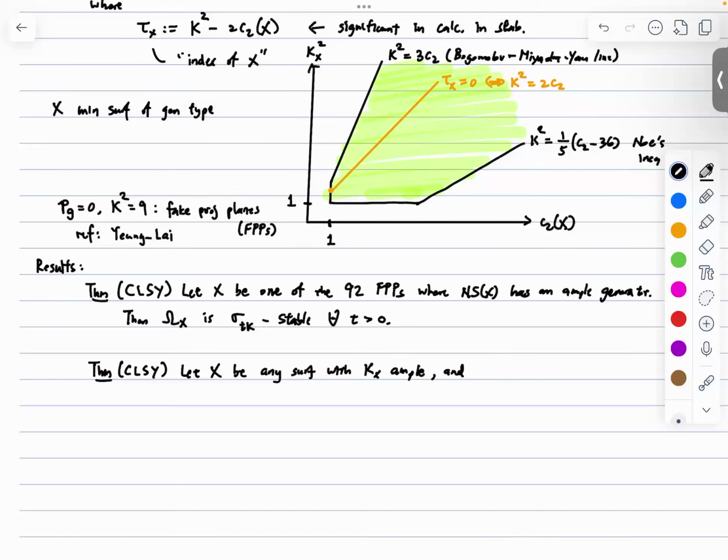And we assume that the cotangent bundle is non-split, so it's not strictly slope semi-stable.